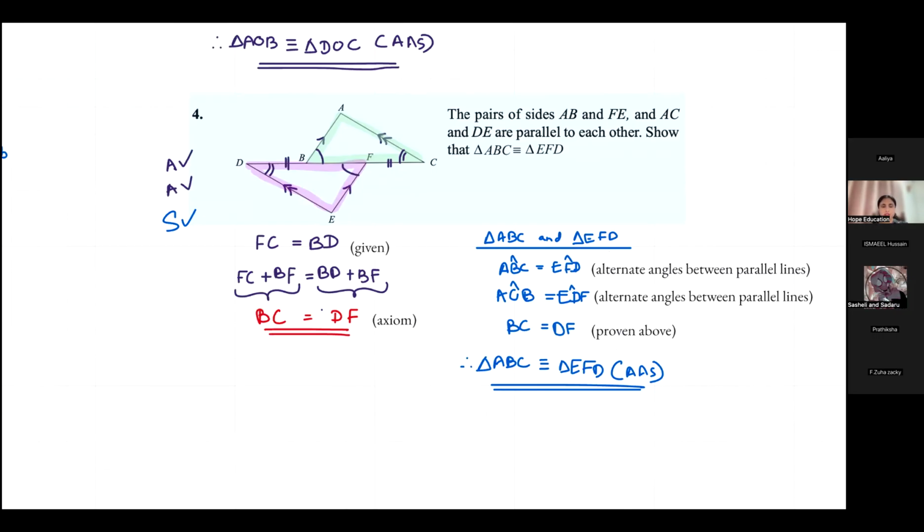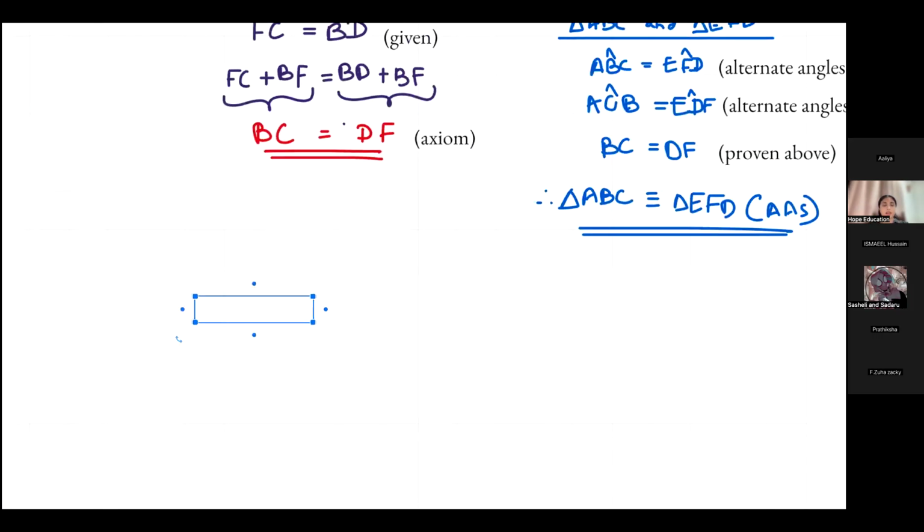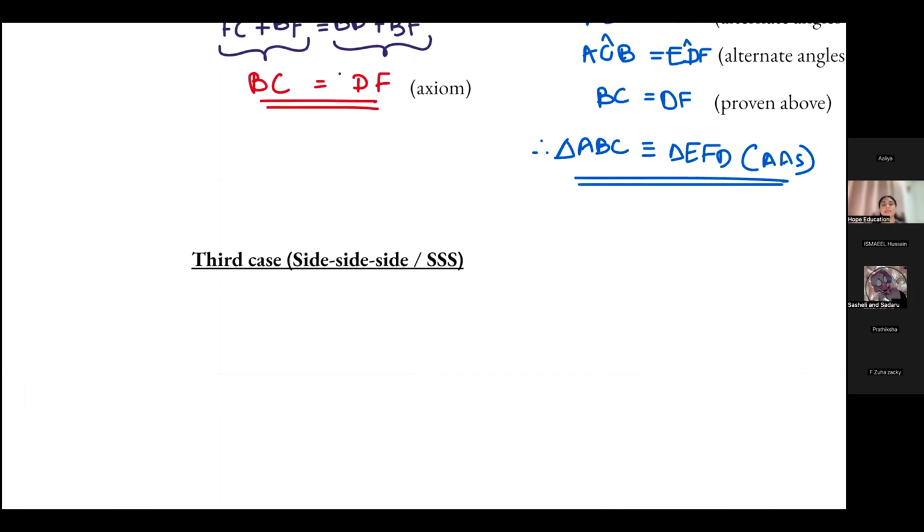Third case: side, side, side, or we say SSS.